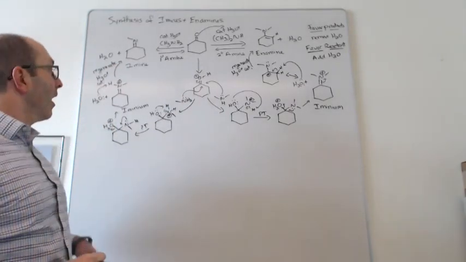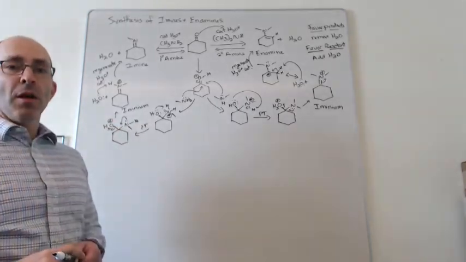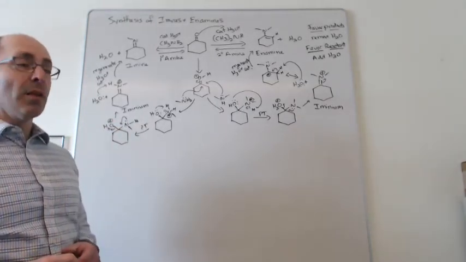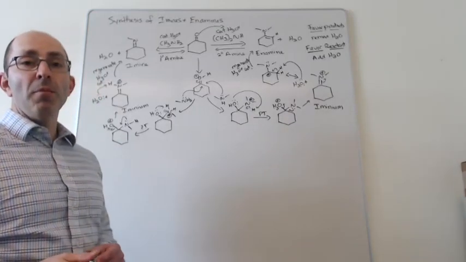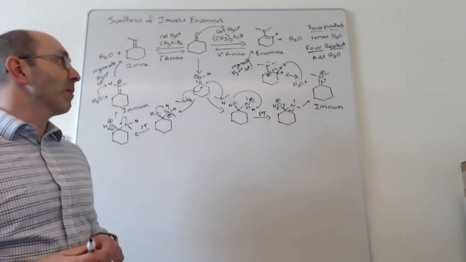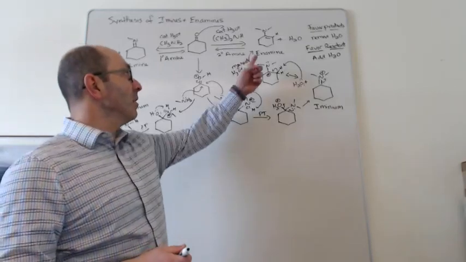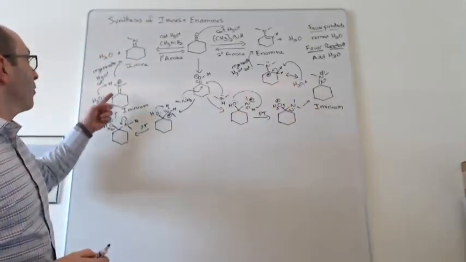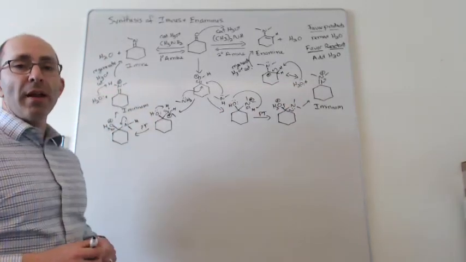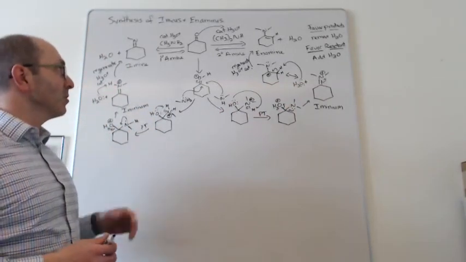I hope it's clear these mechanisms look virtually identical. The only difference is where you pull the proton off in the final step when you get the neutral product and regenerate the acid catalyst. To form the enamine, you have to remove a CH bond, whereas to form the imine, you just have to break that NH bond. And we're going to use these all the time.